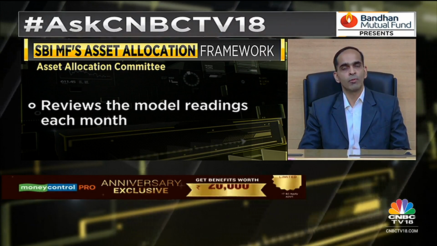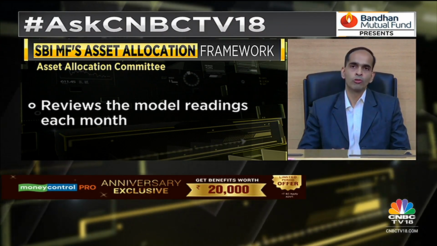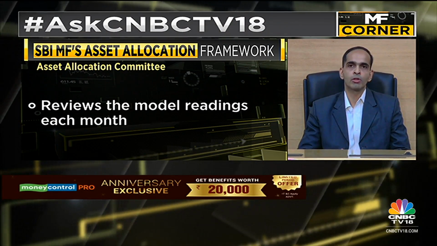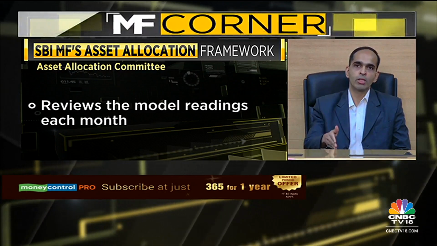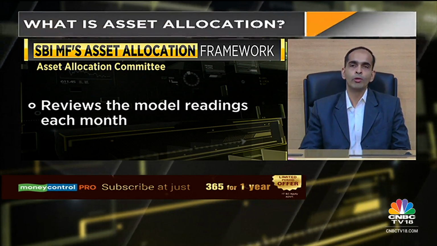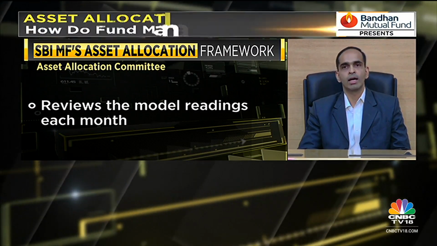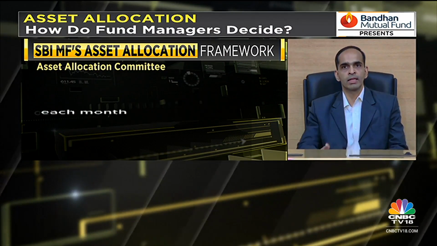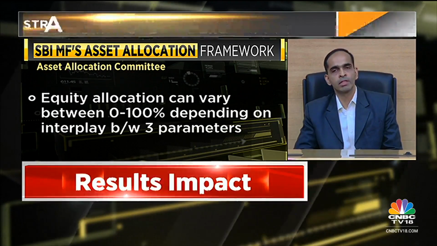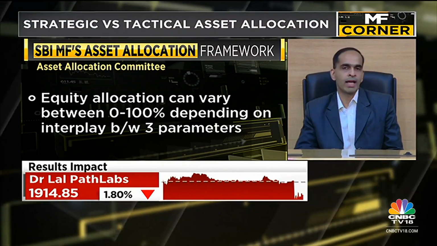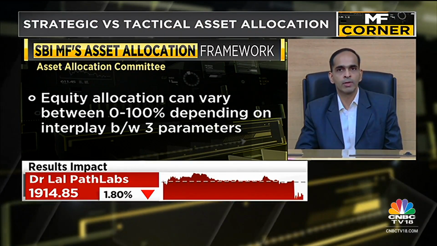But that is just one step of it, right? Now, what you also need to do is think about, okay, once I've decided on a certain weight to equities, what do I do then? Because at the end of the day, I have to buy individual stocks. So that is the next part of the journey. Let's assume I have a 50% weight in equities.